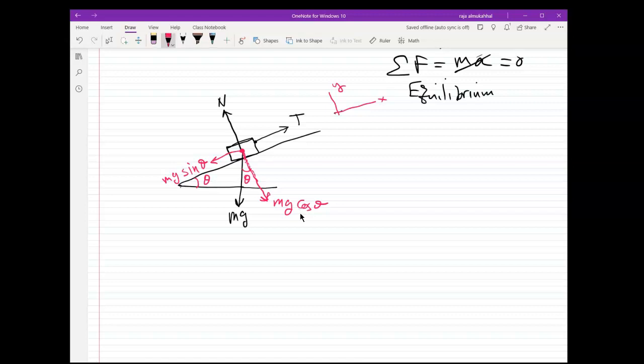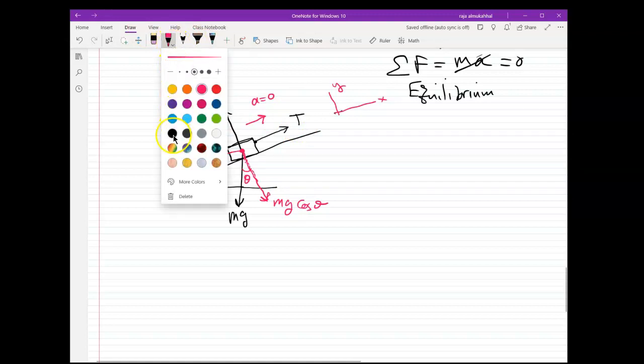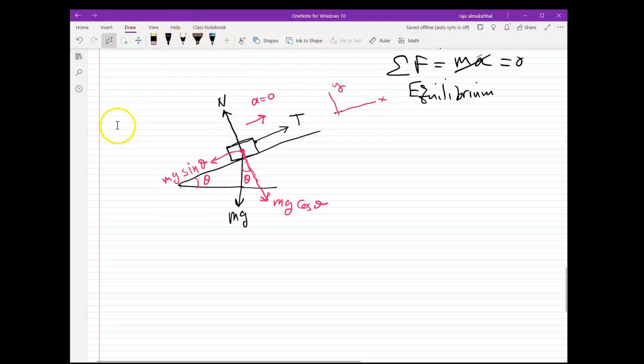So now remember, the car is moving up the ramp with constant speed, which means the acceleration is 0. So when I put in Newton's second law, sigma F equals ma, it's not really ma, it's 0. So I have the sum of the forces in the x direction equals 0, and the sum of the forces in the y direction equals 0.